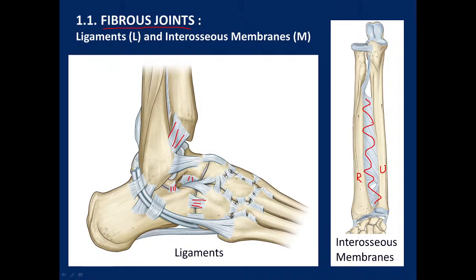Membranes not only help hold adjacent long bones together, they also play an important role in defining the range of motion between the neighboring bones and provide an increased attachment surface for muscles. I mean that here it is not only a connection, that is a place where muscles have their origin points.